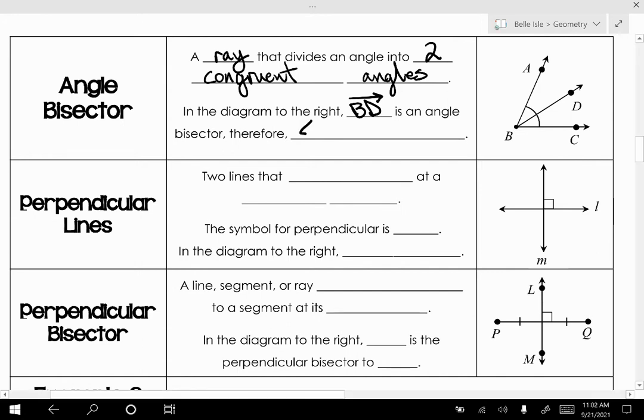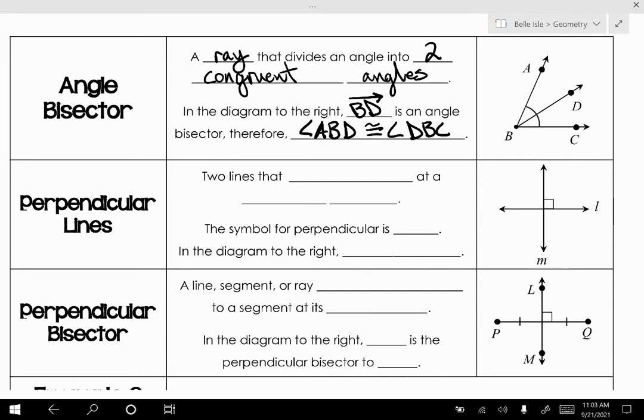So you have angle ABD, which has to be congruent to angle DBC. Now you could put angle CBD. The B just needs to be in the middle because it's the vertex. So does that make sense? If you have an angle bisector, that means that the two new angles it creates have to be congruent.